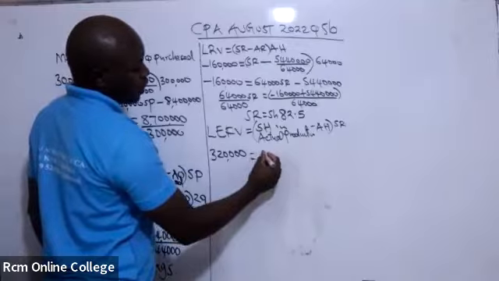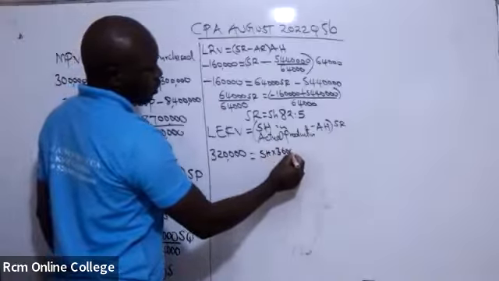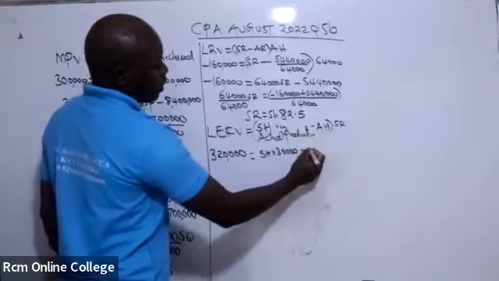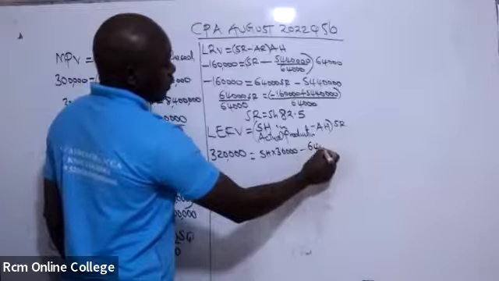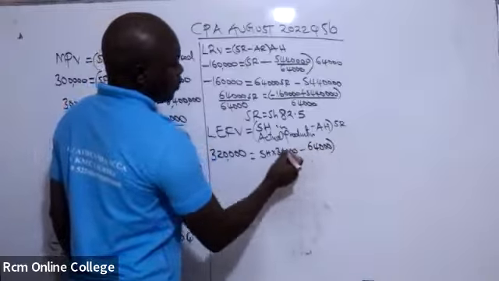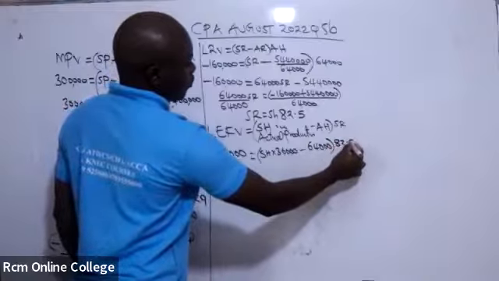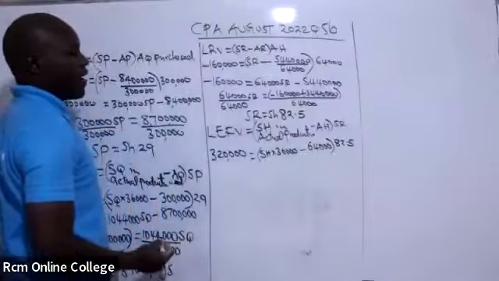So it is SH times 36,000 units. And remember, we compare with actual hours, which happened to be 64,000 hours. Then we multiply this by the standard rate, which is now 82.5.